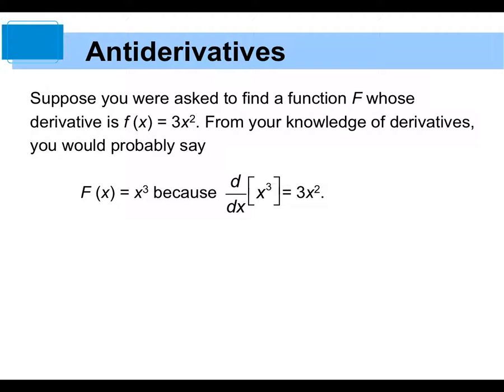Okay, so notice some notation now. I started with f. So what we've done already is we started with f, took the derivative to get f prime, took the derivative to get f double prime, took the derivative to get f triple prime, and kept going that way. If we go backwards, we go from lowercase f to uppercase F. Uppercase F means the function that I would take the derivative of to get the function I'm talking about.